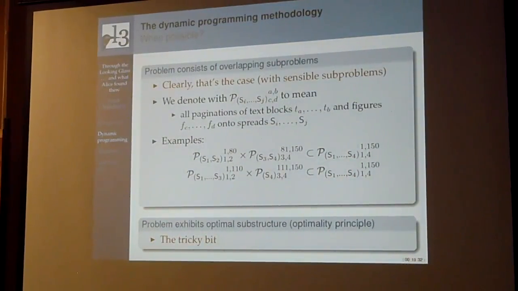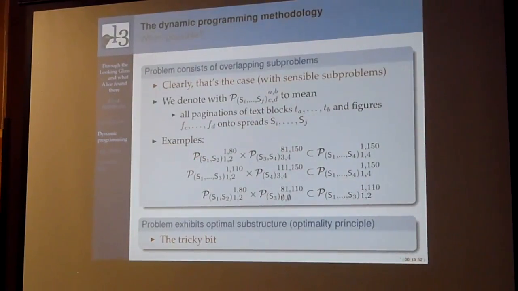And as another example, this one here could be divided into one where the first 2 spreads have the text blocks up to 80 and the first figures, and the second one has 81 to 110, and no figures. And you see, this one again is the same group as this one.